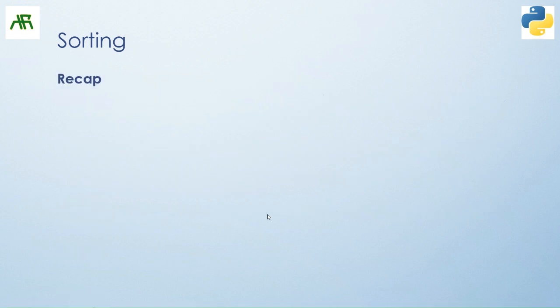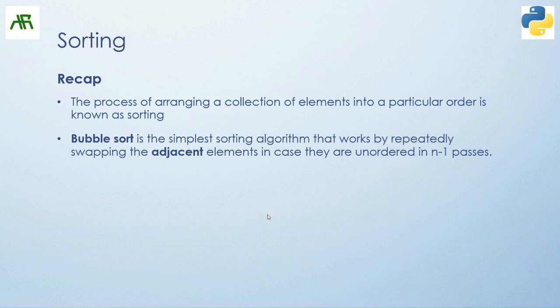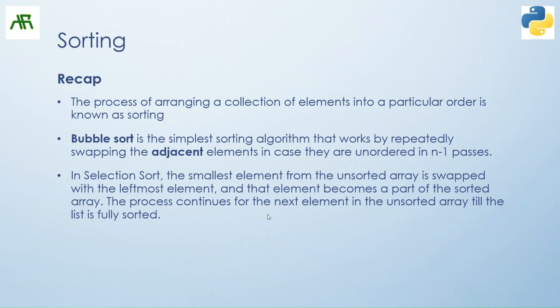So let's have a quick recap of sorting. The process of arranging a collection of elements into a particular order is called sorting. Bubble sort is the simplest sorting algorithm that works by repeatedly swapping adjacent elements in case they are unordered in n-1 passes. In selection sort, the smallest element from the unsorted array is swapped with the leftmost element, and that becomes part of the sorted array.